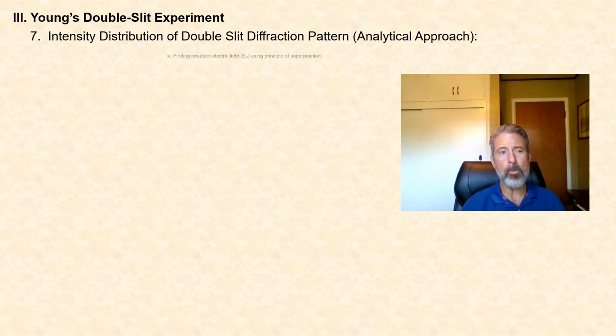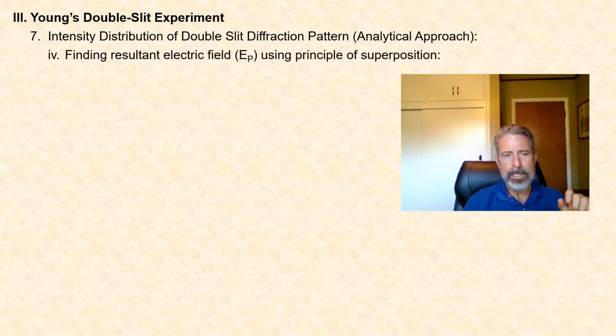So let's continue on here. We need to find an expression for the resultant electric field using the principle of superposition. Remember, saying that these waves interfere means we use the principle of superposition, which says that the interference pattern is simply the sum of the individual waves.